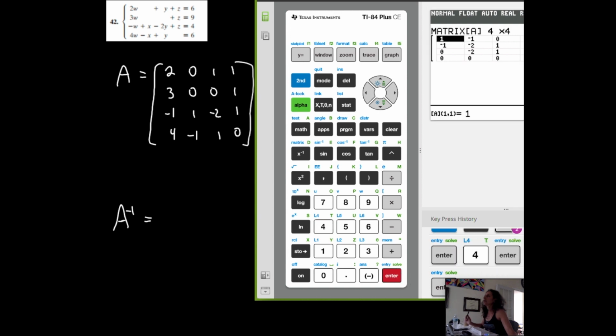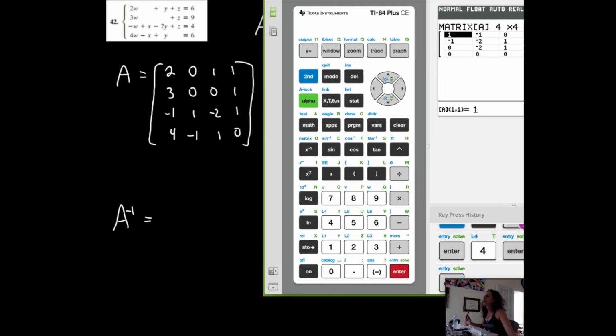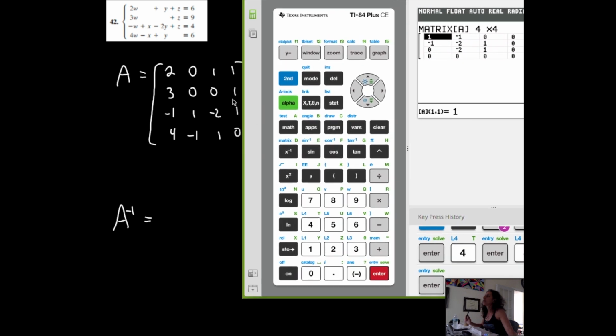Okay, so we're going to go across the top. So 2, 0, 1, 1. Row 2, 3, 0, 0, 1. Row 3, negative 1, 1, negative 2, 1.